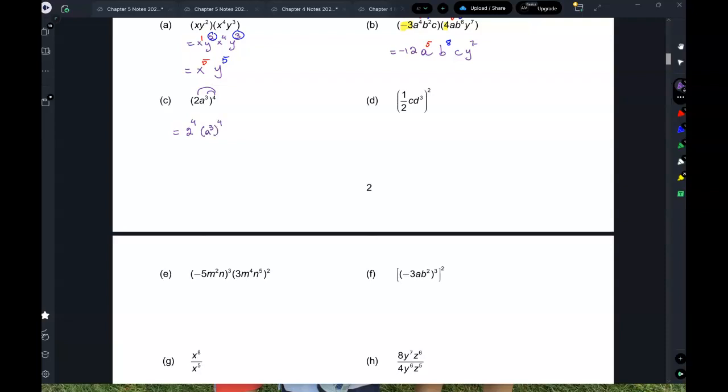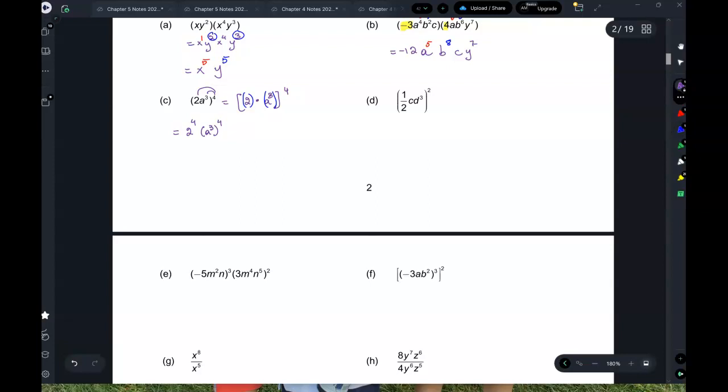Do you see that? Everything gets an exponent. In here, you have a 2 and you have an a cubed. So each one of these now gets an exponent to the power of 4.